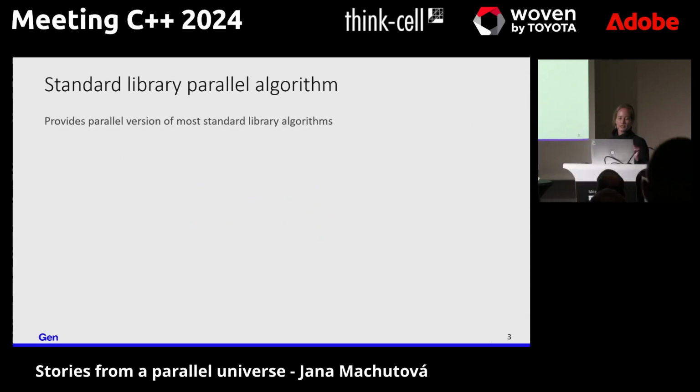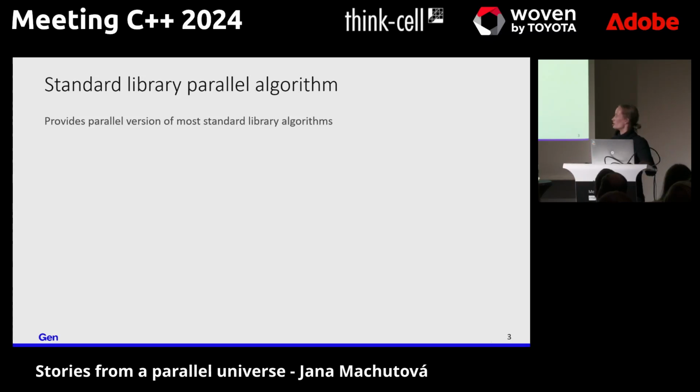So what are the standard library parallel algorithms? I believe that all of you know the algorithms of the standard library. I hope you are using some of them, that you are not writing your own sorting functions, that you are using these. They are pretty straightforward, easy. There are a lot of them. They are useful. And it will be really nice if you can use exactly the same ones and just tell them: run in parallel. Do it in parallel.